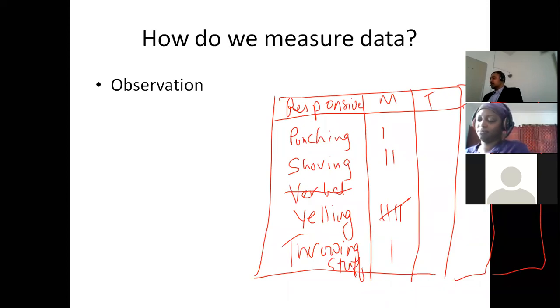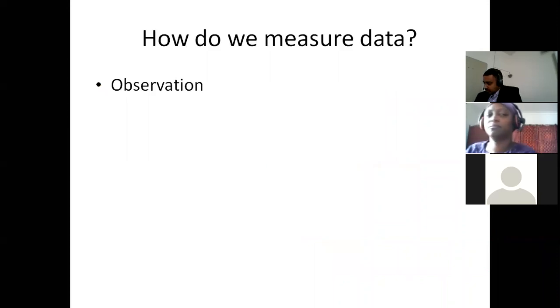So you can collect a lot of data by observation, okay? A lot of research is done through observation because it's considered the least intrusive. There are 2 kinds of observation. One kind of observation is called participant observation.